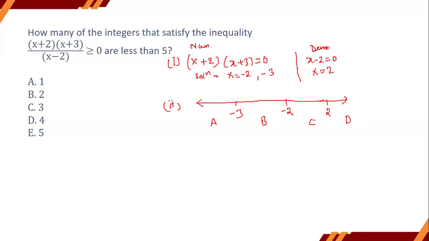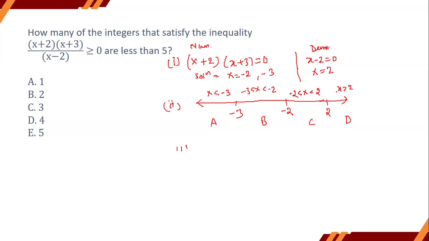Region C is x lies between minus 2 and 2, right? And region D is x greater than 2, okay? So let me just put it here: minus 2 to 2, here it is minus 3 to minus 2, and here it is x less than minus 3, right?